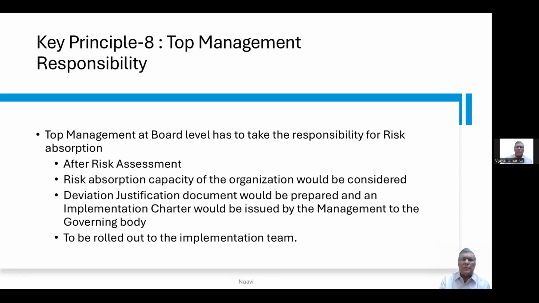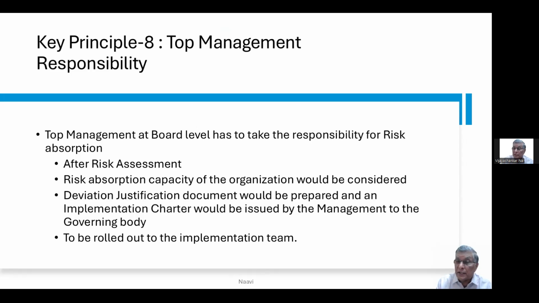So after a gap analysis, the model implementation specifications will be converted in the gap approval process to adapted implementation specifications, and that responsibility has to be taken by the top management.